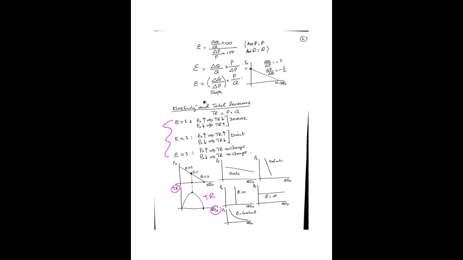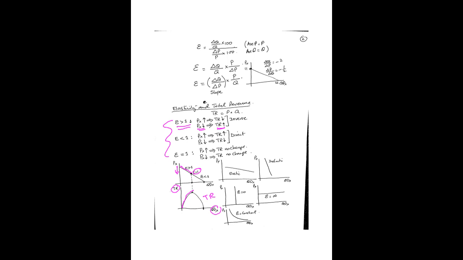See, in this range, demand is elastic. That is this, elastic. And if I decrease prices, what happens? Total revenue will increase. That is why I'm increasing total revenue. At E equal to 1, that is this case, elasticity will not change.